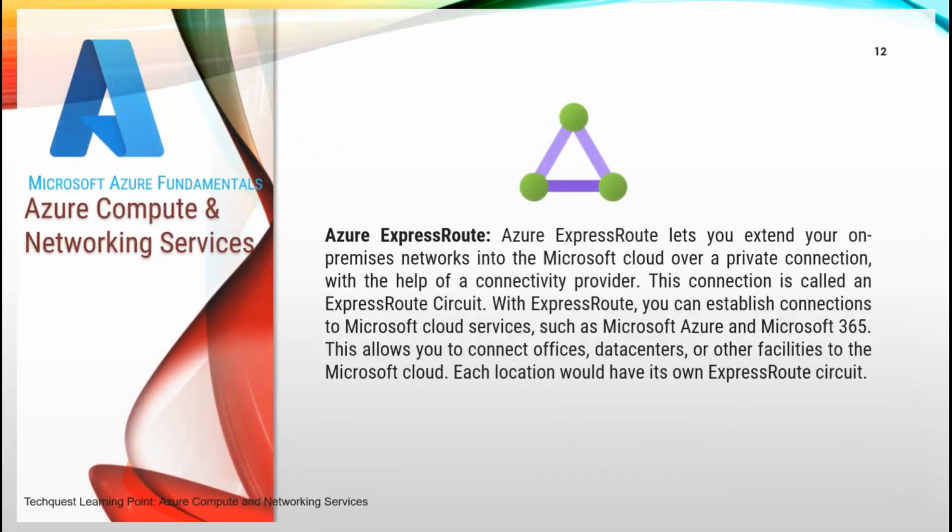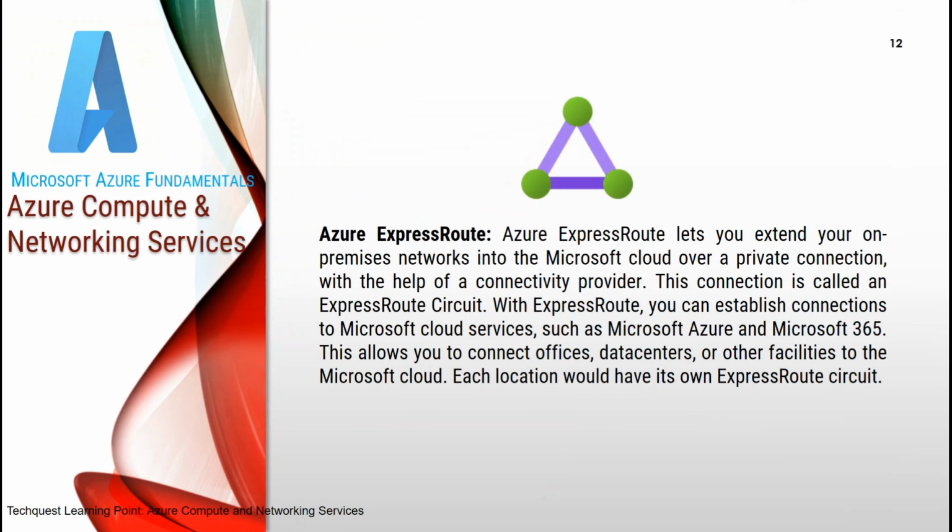Azure ExpressRoute. Azure ExpressRoute lets you extend your on-premises networks into the Microsoft Cloud over a private connection with the help of a connectivity provider. This connection is called an ExpressRoute circuit. With ExpressRoute, you can establish connections to Microsoft Cloud services such as Microsoft Azure and Microsoft 365.